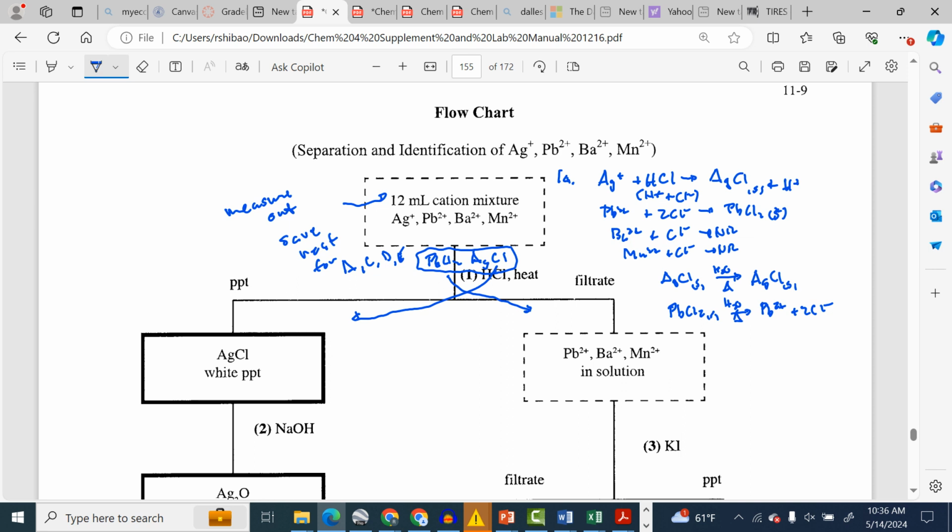Okay, I'm missing one thing. I need a filter to capture the precipitate. The filter should be in a box.